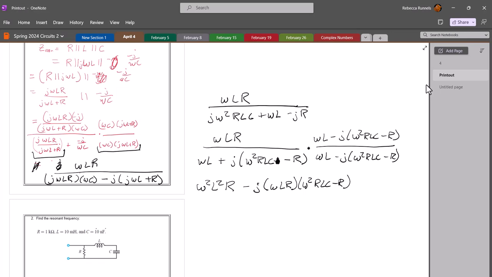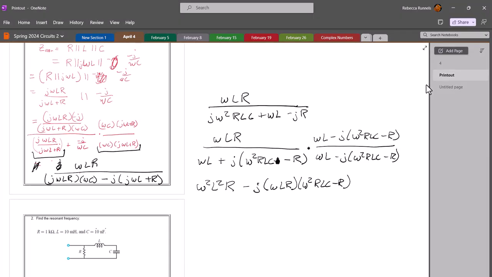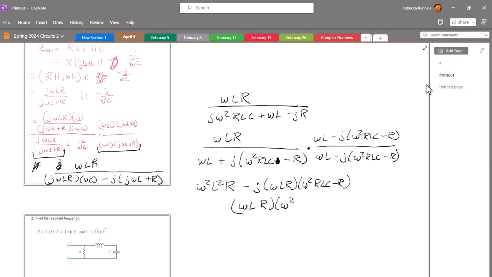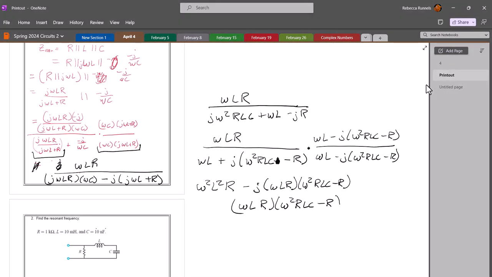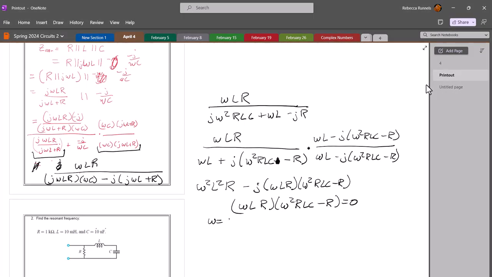Again, I don't care about the real part, I only want to make the imaginary part equal to 0. So I want to make omega L R times omega squared L R C minus R equal to 0. From the first part I get the trivial answer, omega equals 0, that's trivial resonance, so we don't care about that.